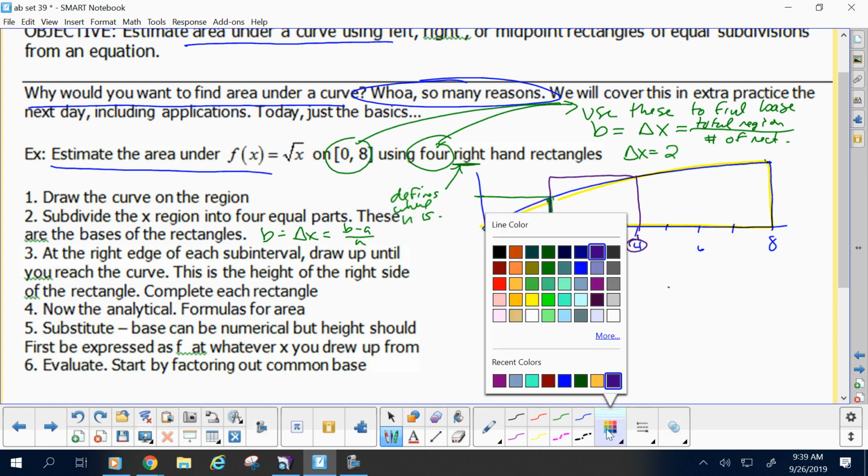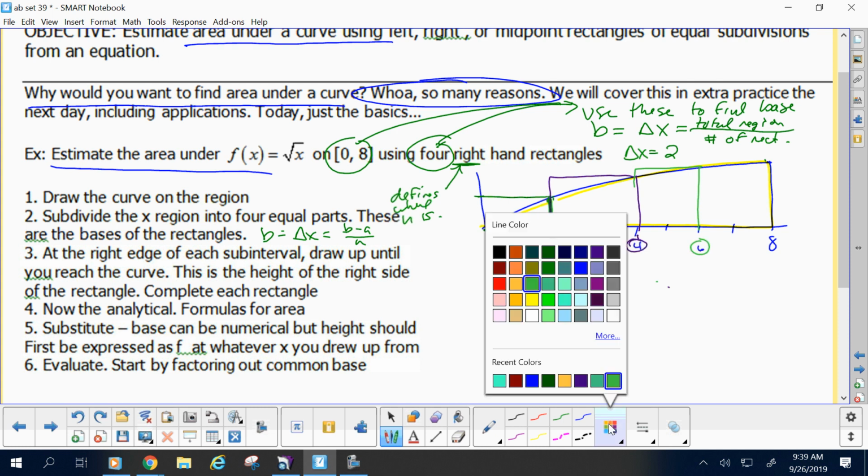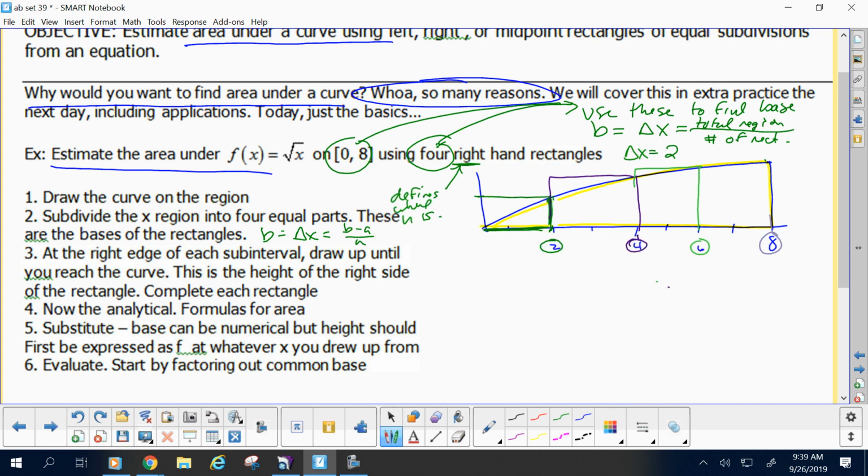In rectangle 3, I use the height at 6. So I go to 6, go up to the curve, draw over to the left, and there's rectangle 3. And for rectangle 4, I go to 8, draw over, and there's rectangle 4. Now, these 4 rectangles will overestimate the true area under the curve. Do we all agree? Okay.